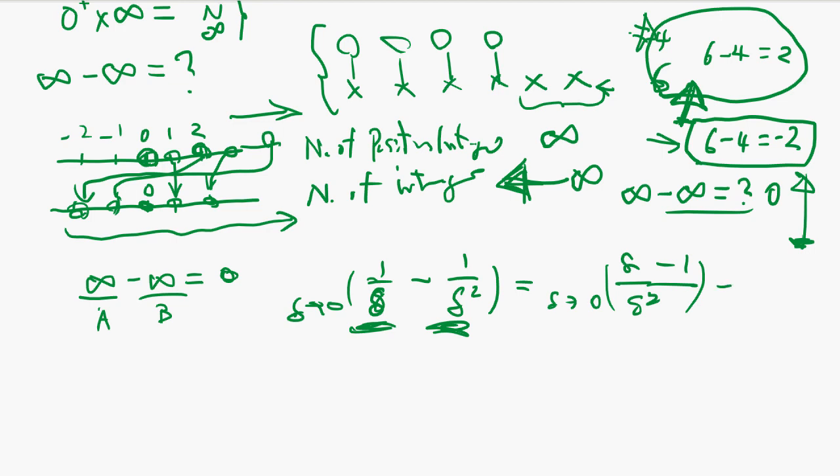Does this become 0? Think about it. This goes to 0. This goes to 0. It looks like it goes to infinity, isn't it? Okay. Think about this, right? So this case exists.